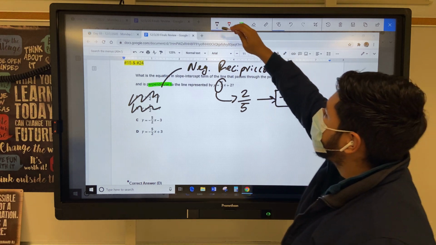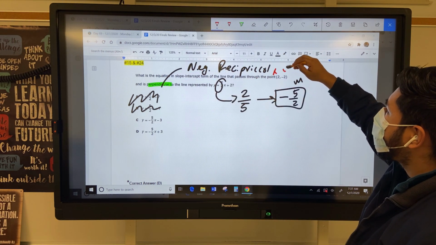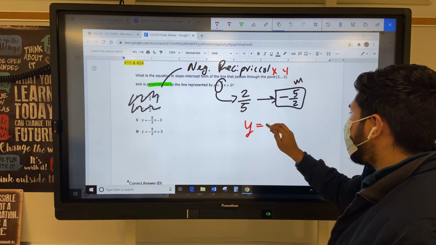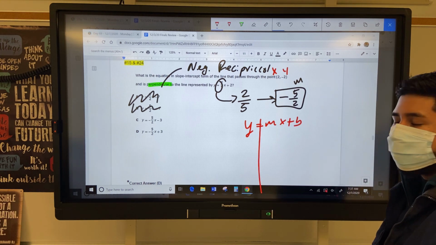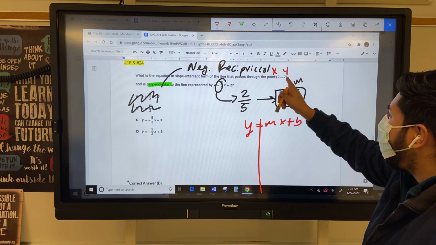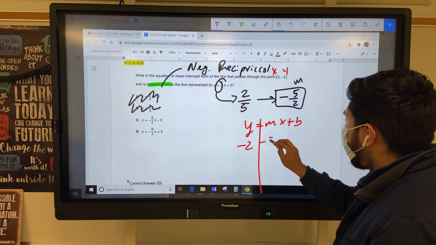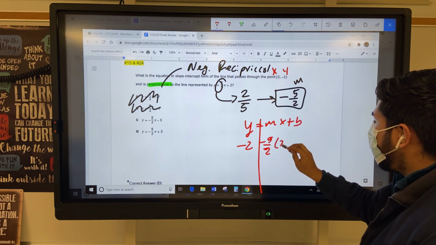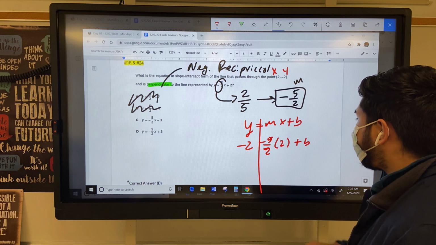Label your point. 2, -2. So we got x and y. And then we use y equals mx plus b. And we do the same thing. Who's my y? -2. Who's my m? Negative 5/2. Who's my x? Positive 2. And you start doing the good stuff.